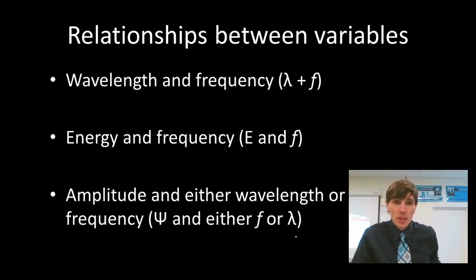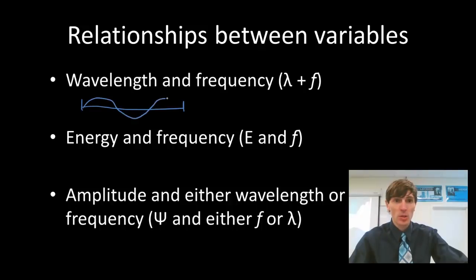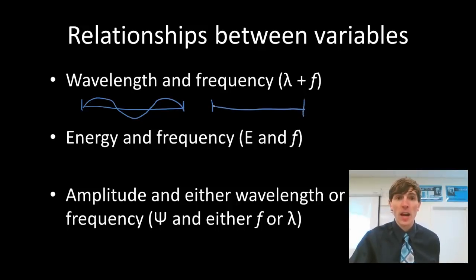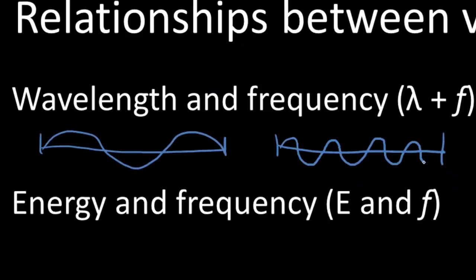Wavelength and frequency. So if I'm drawing a wave here, and I want to change the wavelength of that wave. Okay, so I'm going to draw another wave, and let's say the wavelength goes down. That means the distance from a peak to a peak is shrinking.